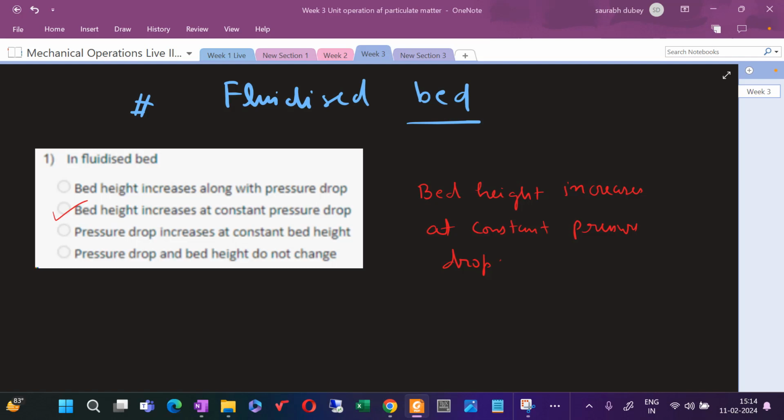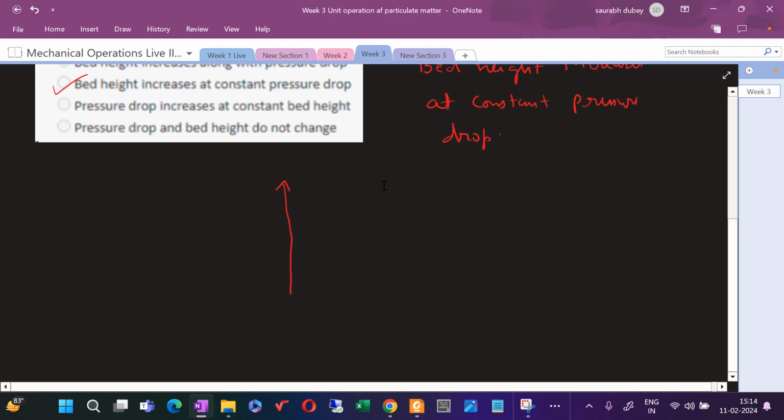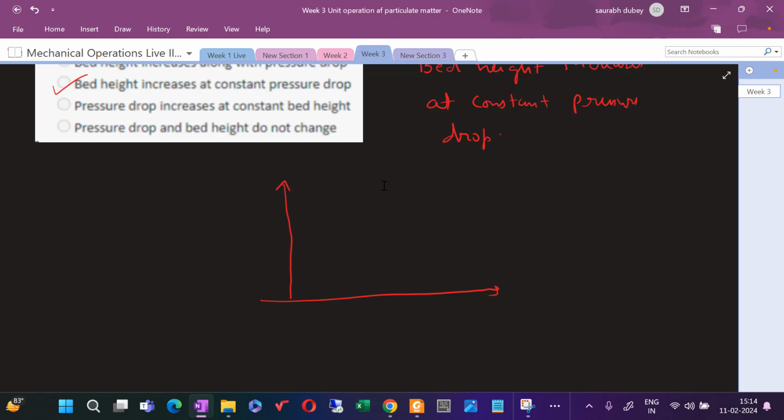The curve that was there is this one, where you came to know the fluidization characteristics and fundamentals.